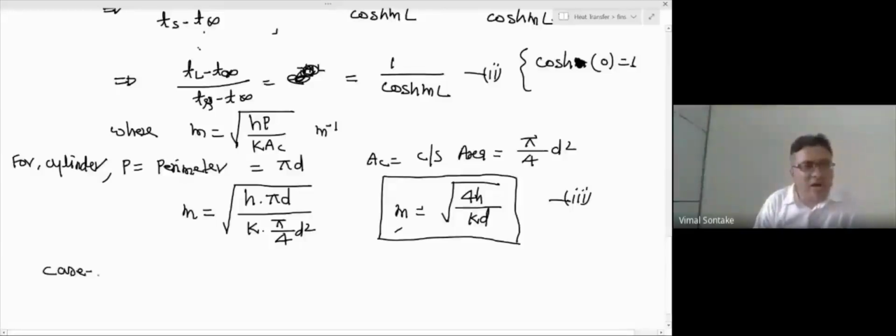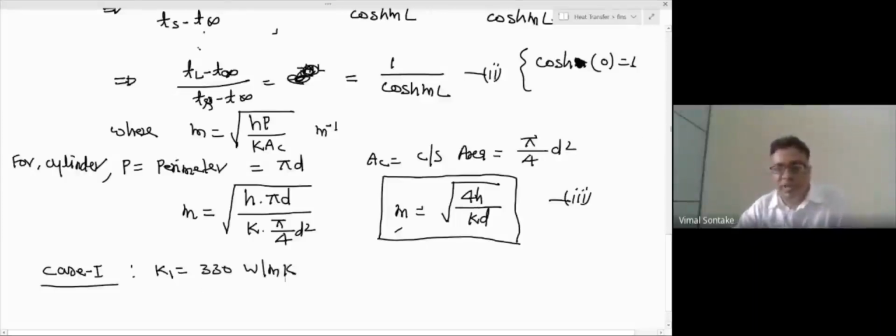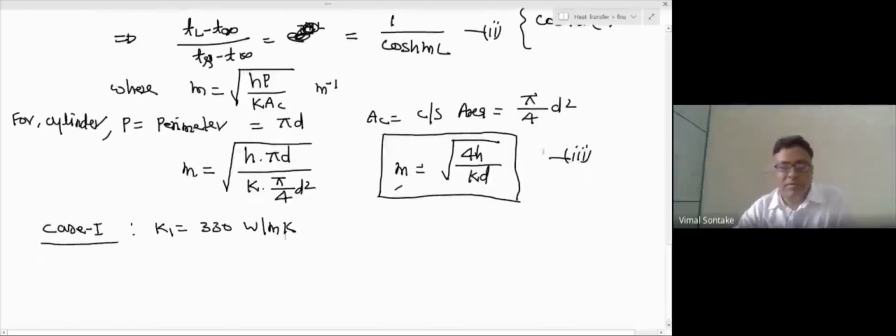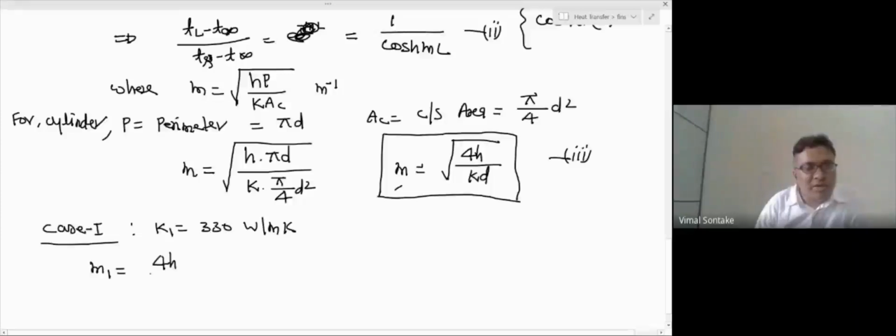So let us solve. Case 1. What is case 1? When K1 is equal to 330 watt per meter Kelvin. Correct? Now, once the value of K1 is known to me, I can write m1 for copper as 4h over K1 d.